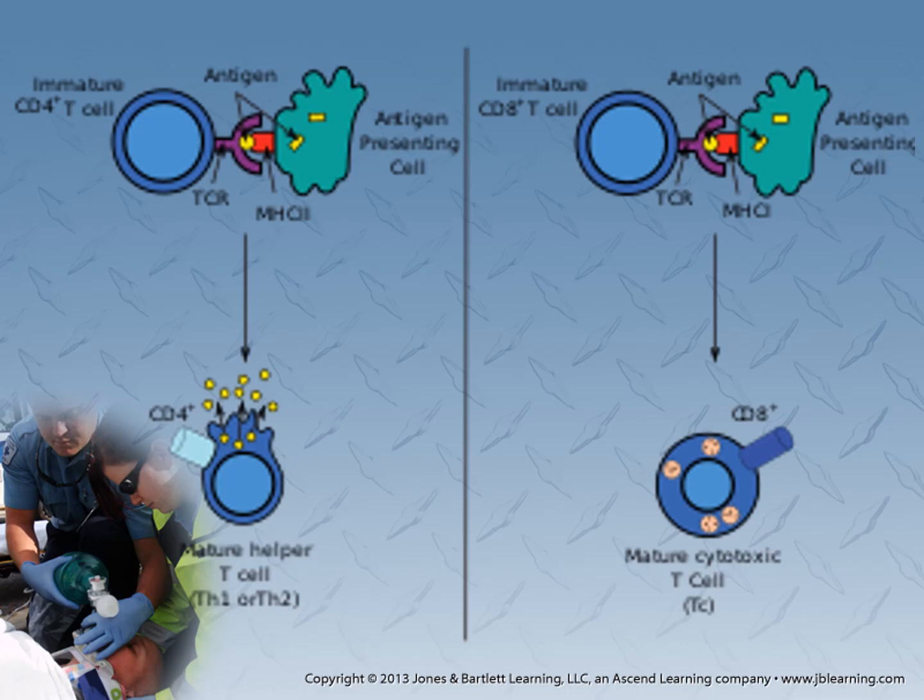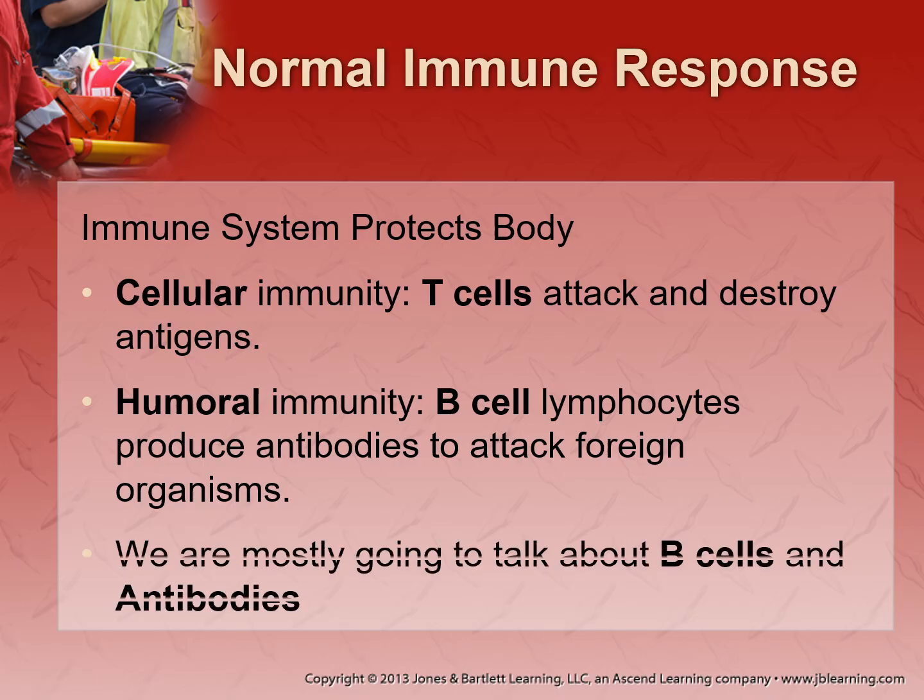As it's immature, it'll come across something that it sees as non-self, that antigen, and then become a mature T cell. And that mature T cell could become a helper T cell, or it could become another killer, direct cytotoxic kind of cell. These also help the B lymphocytes become the B lymphocyte that they want to become, the antibody that they're supposed to become.